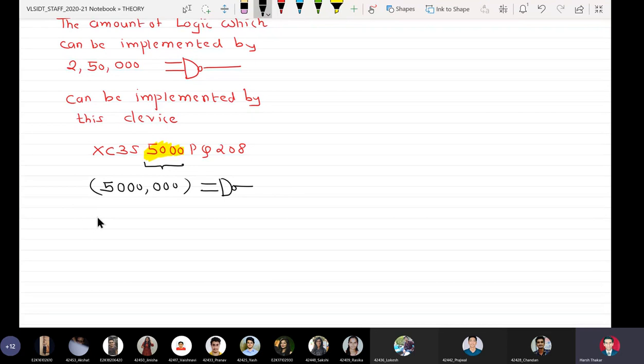That means it is also called as 5 million gate FPGA, another name for that. Okay, so 5 million, it's called as 5 million gate FPGA.